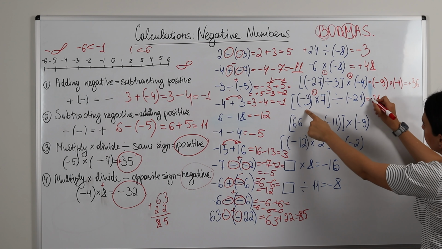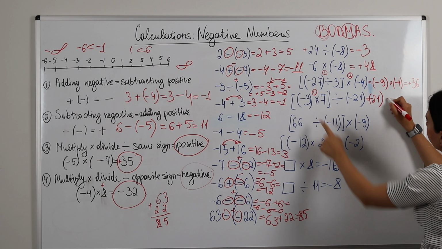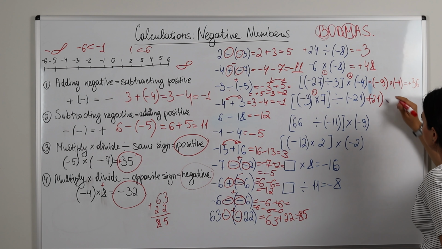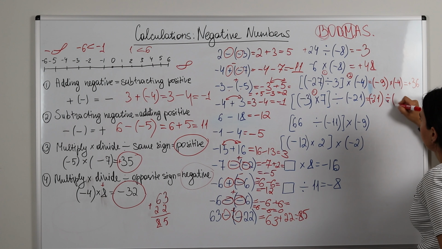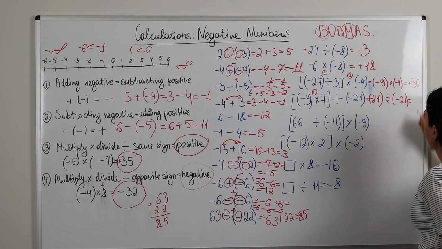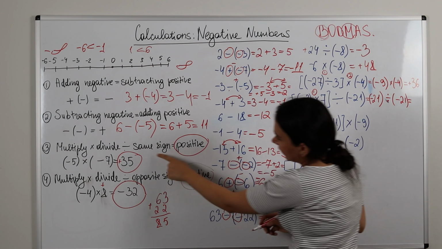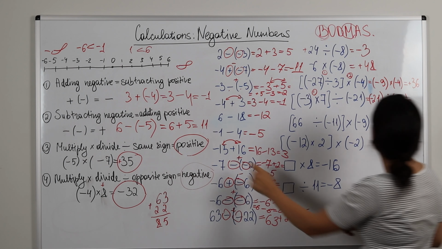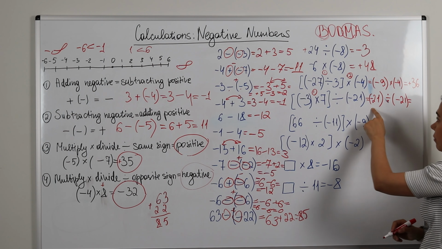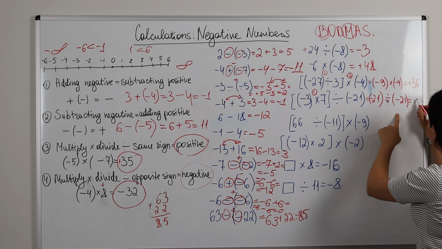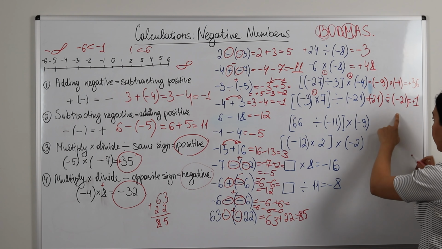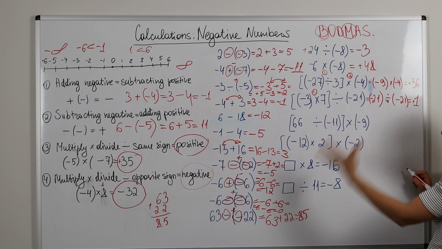Opposite signs gives us minus 21. Divided by minus 21. Division of same signs gives us a positive number. Okay? Minus 21 divided by minus 21 gives us plus 1, because both have minus, which gives us the positive sign.